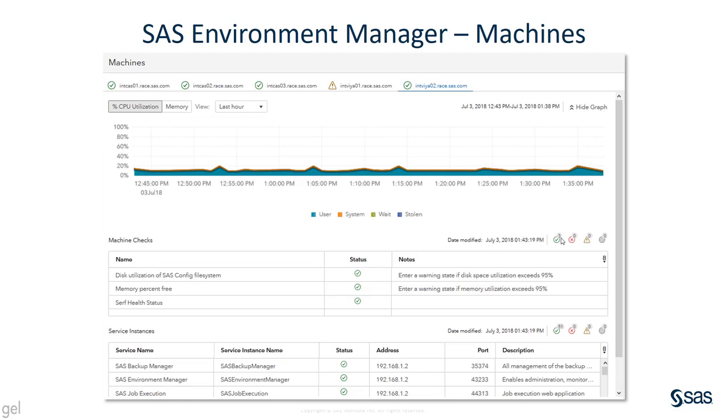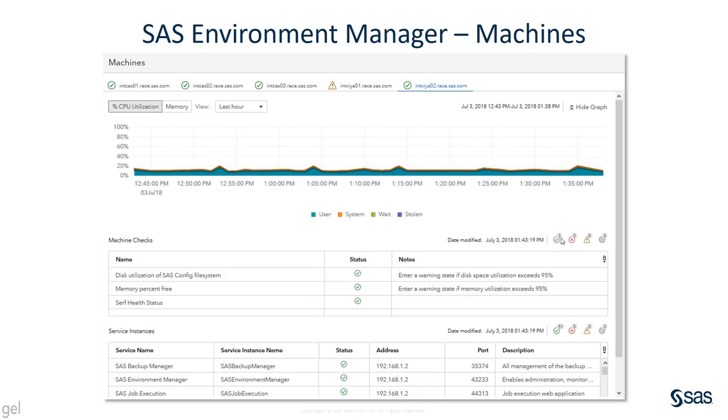Okay. So let's say I have an environment and I want to see what's going on a single machine. Potentially I could, as a system administrator, log into that machine, run some operating system commands, see what's going on. But Environment Manager gives me a tab called the Machines page that allows me to scan across each individual machine in my deployment and see what's going on.